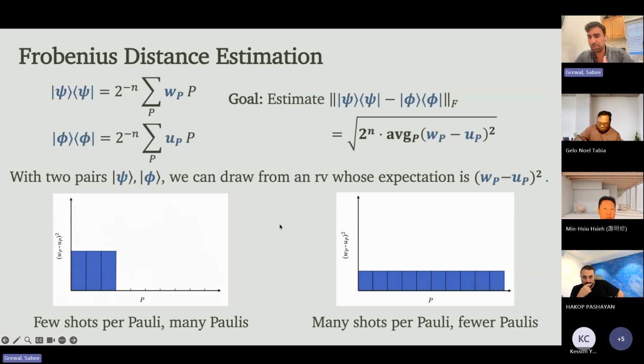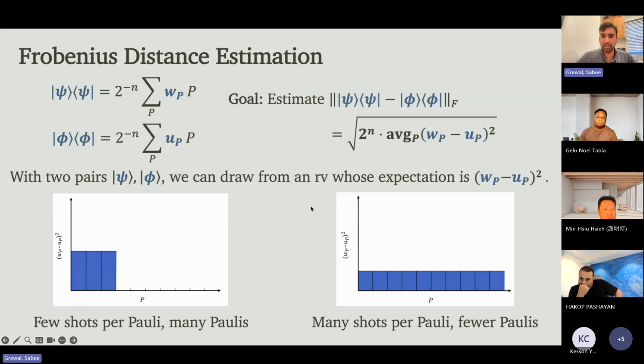Now, in this other regime where all of the Paulis are non-zero, but very, very small, our strategy is going to change. Now we're going to sample fewer Paulis because we're going to be hitting non-zero ones all the time, but we need to use many shots per Pauli because this difference squared is so small. We need a much finer accuracy to get a good estimate.